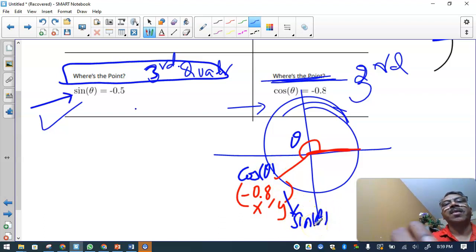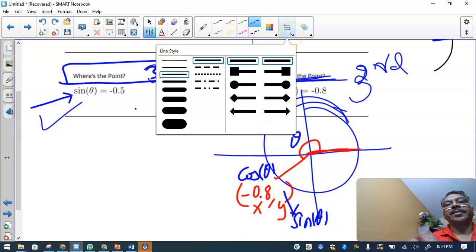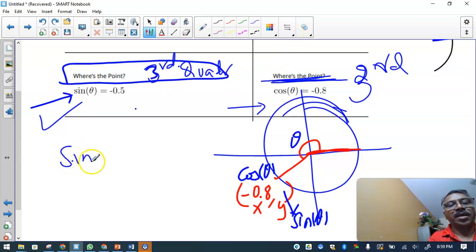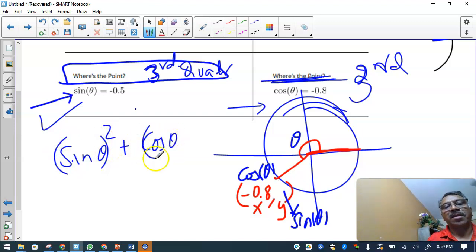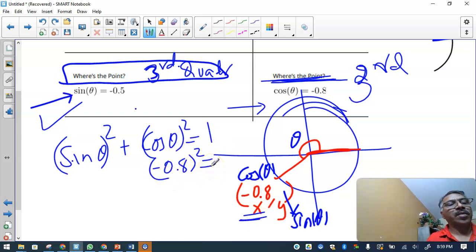And use the same idea of writing down sine of theta squared plus cosine of theta squared equals 1. Now you're given cosine is minus 0.8. If you square minus 0.8, you get 0.64.